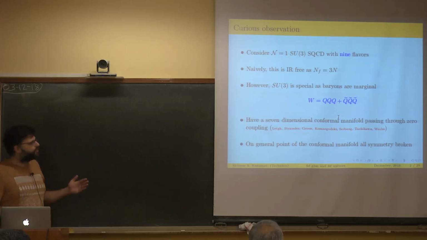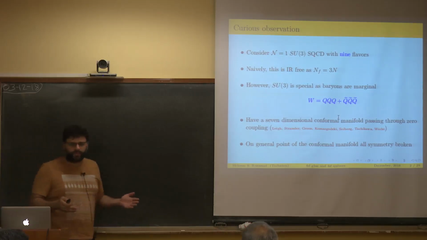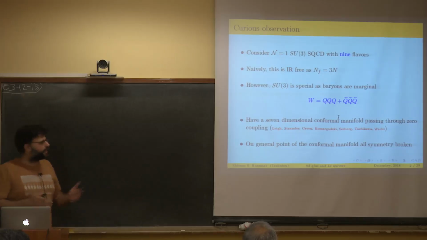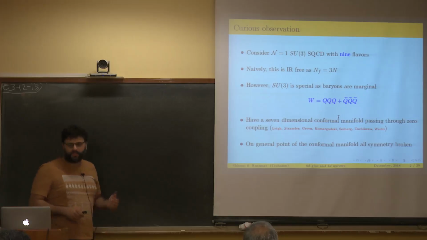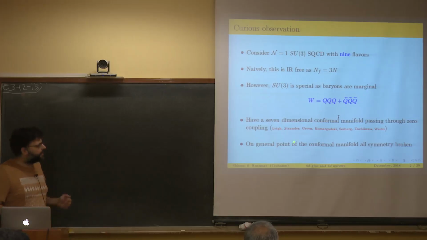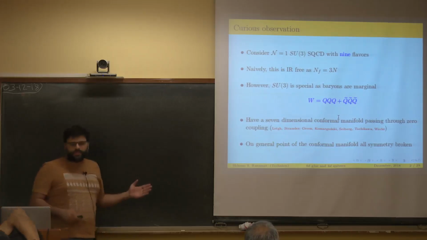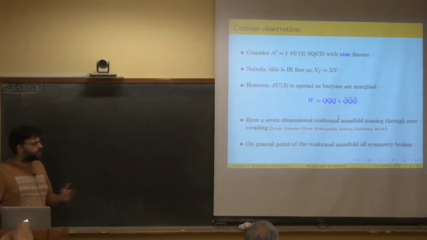If you do the counting, there are many marginal operators, and at a general point of the conformal manifold all the symmetry is broken. The number of all the possible marginal operators you can write for this theory minus the dimension of the symmetry group turns out to be 7. So this theory has a 7-dimensional conformal manifold. And again, this will be important in what follows. All the symmetries of this theory are broken at a generic point of this conformal manifold.